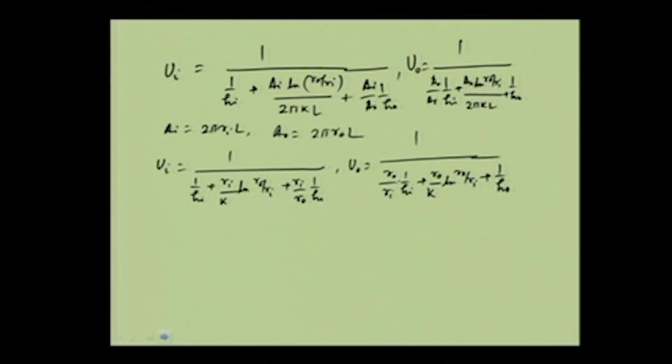If we have to take into consideration these dirt factors of the scales, then we can write the resistances due to scales as 1 by AI HSI and 1 by AO HSO.